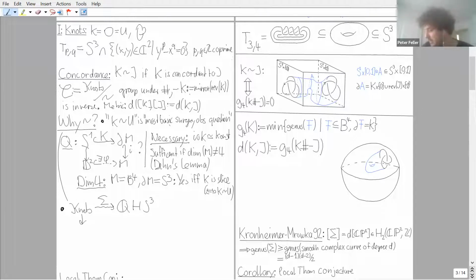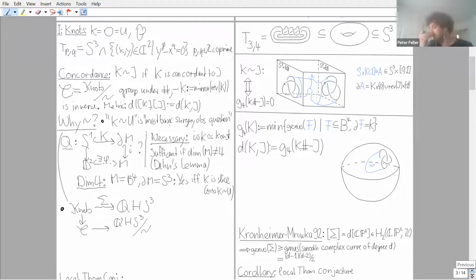And the type of things that might be interesting is if instead you have an element in the smooth concordance group C, you can go find an element in rational homology 3-spheres modulo some relation, for example, the relation of rational homology cobordism.